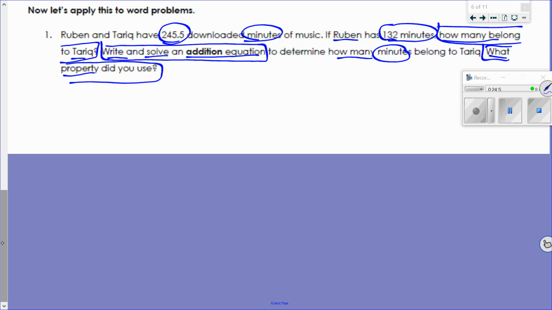So what's our first step in doing an equation? Let me give a caveat in doing an algebraic equation. Define your variable. So what is my variable in this case? X. X is what? X is the number of minutes of music Tariq has.